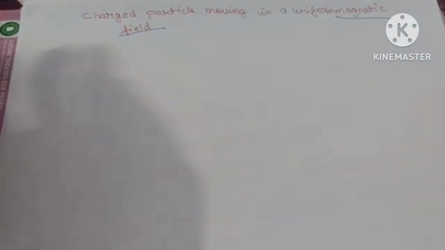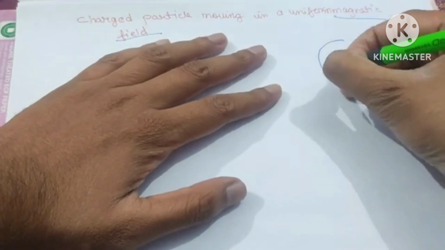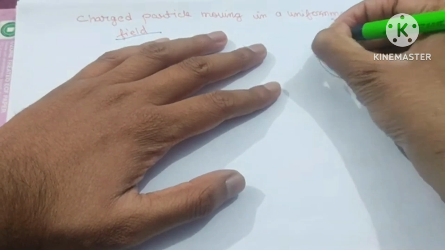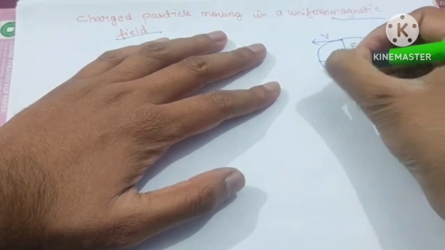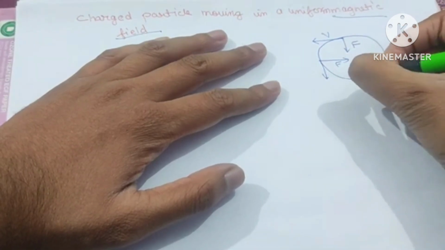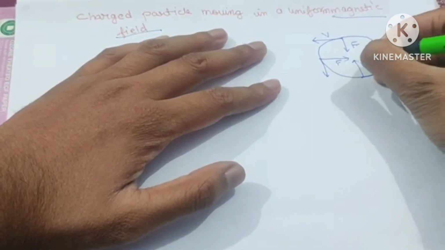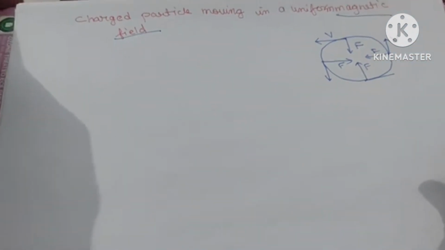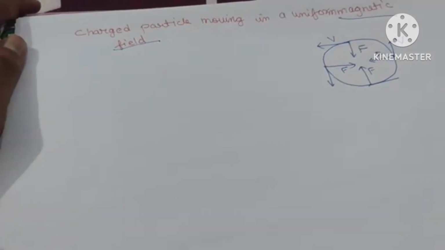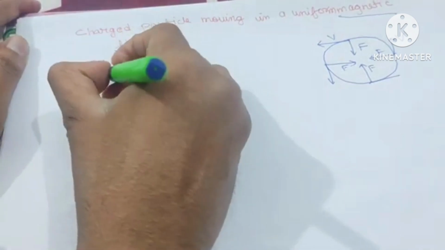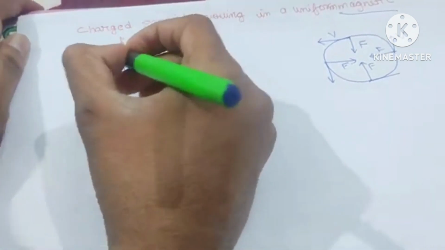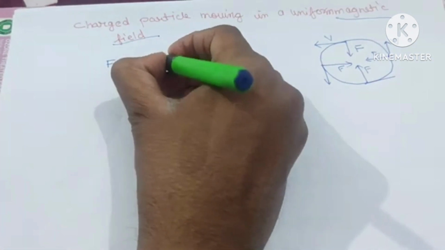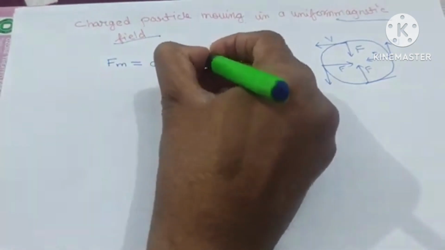Okay, so let's go. Take a circle. If here is the force F, then here is the velocity V. We know the general definition of magnetic force: magnetic force is equal to qvB sin theta.